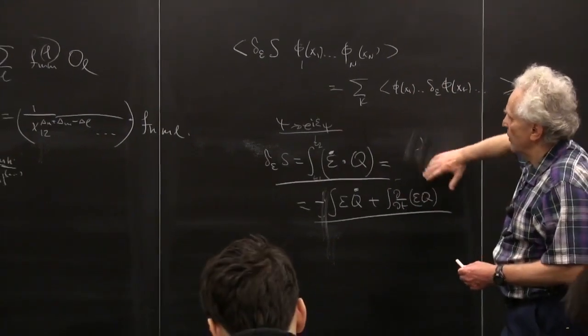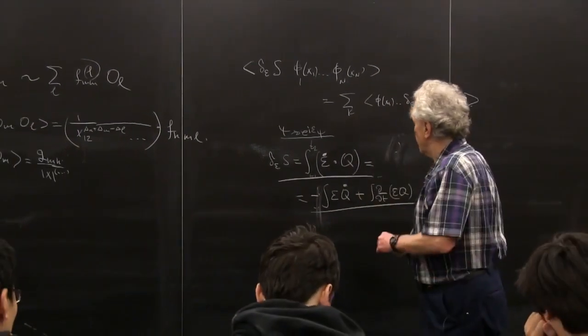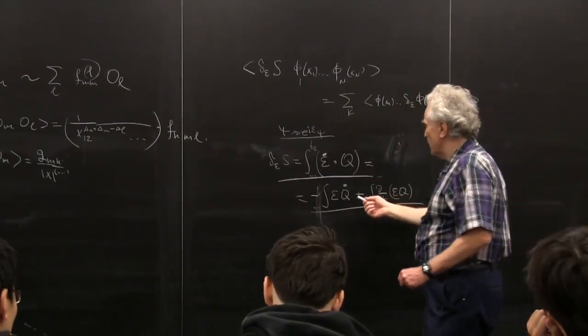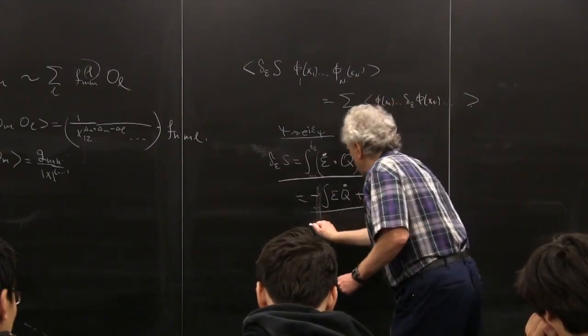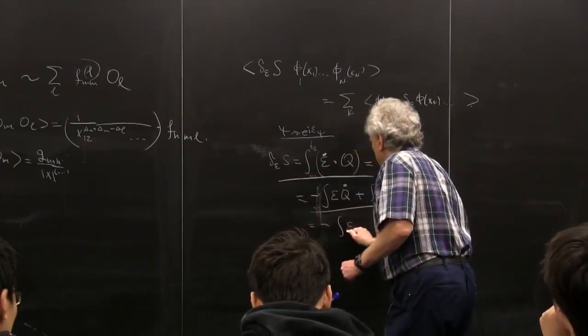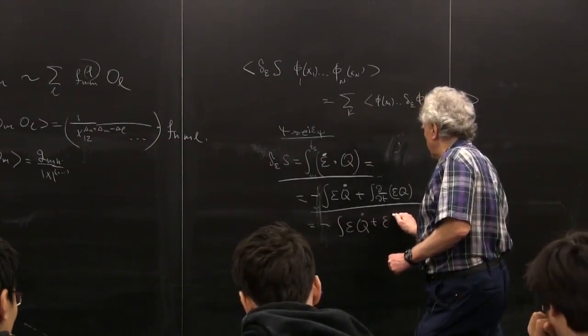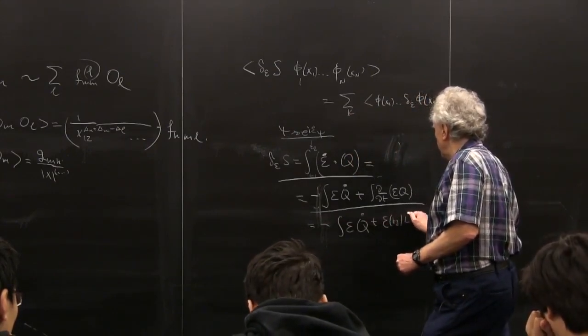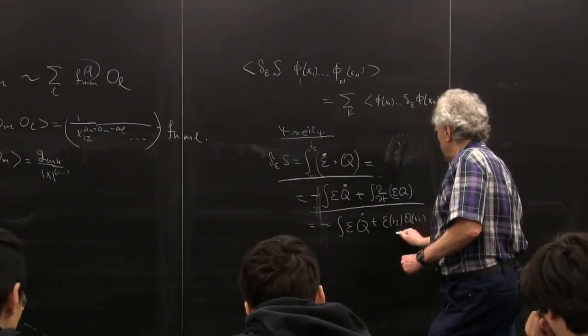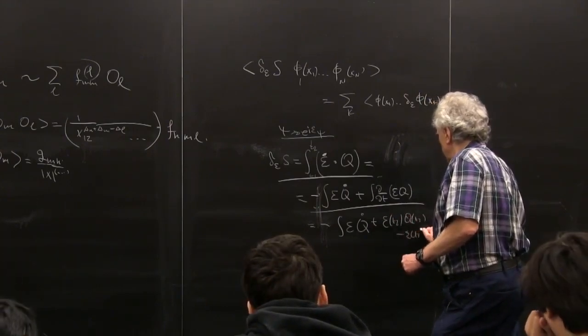So it is minus epsilon q dot plus epsilon of T2 q of T2 minus epsilon of T1 q of T1.